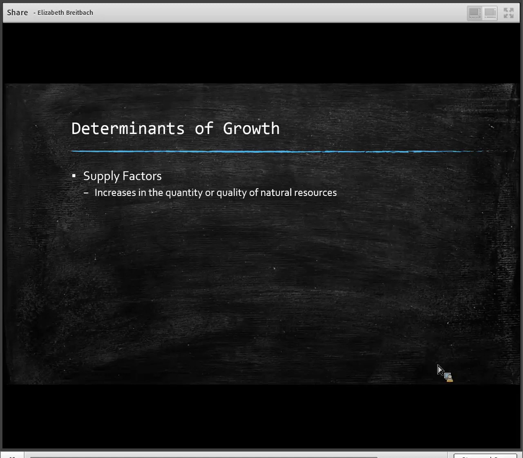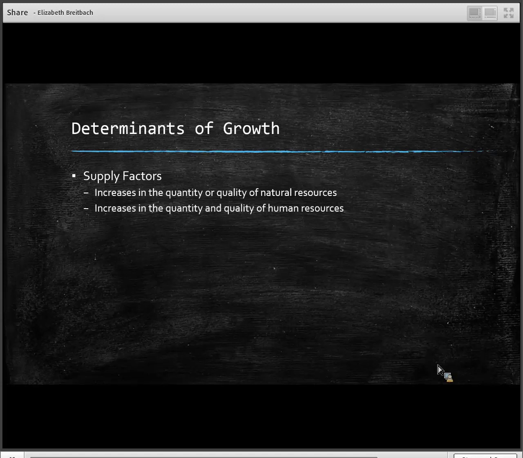It's also quality. Quality is also very important. So if there's an increase in the quality of, let's say, timber or wood in the United States, all of a sudden that's going to allow us to use those natural resources more effectively. Also, human resources are very important. Human capital. We could increase the quantity of human resources.